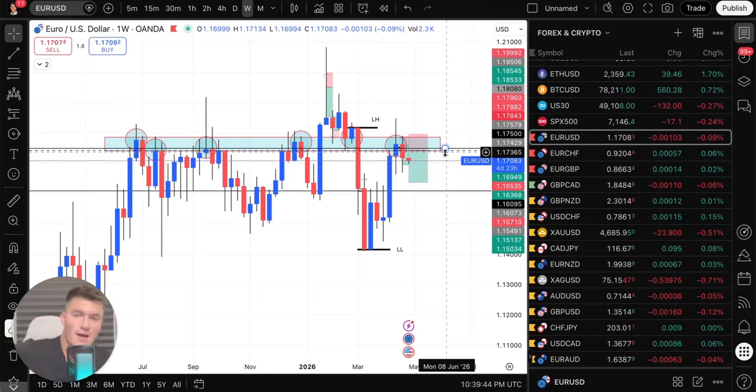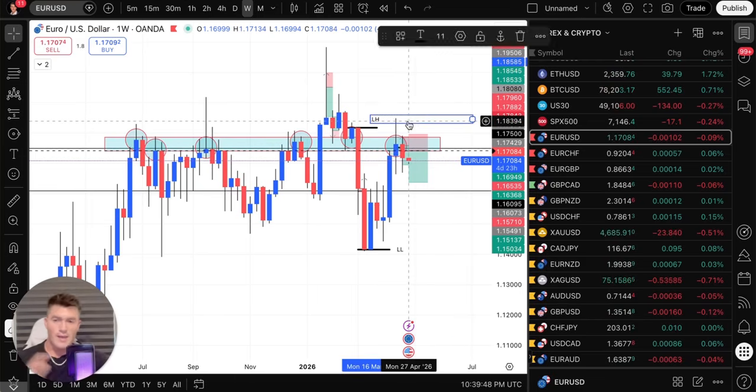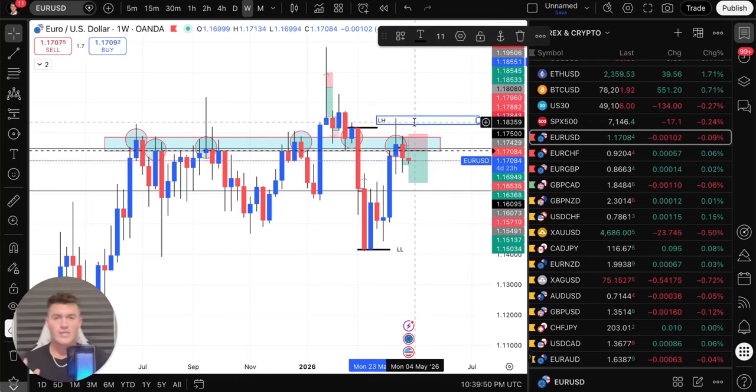I mean, we've got 5 or 6 taps here, and the more taps, the better. The more taps, the more respected this area is. And we are in the weekly time frame, which is even better. That means price is respecting this area of interest very highly.